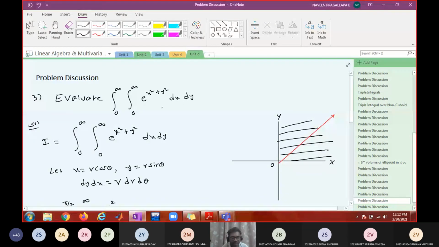The integration is going to be infinity. But I would like to modify this problem. You write it as minus of x square plus y square. If you want to do that, you can do it as a separate problem. For the problem asked in the examination, the answer is infinity. Okay, problem is over.